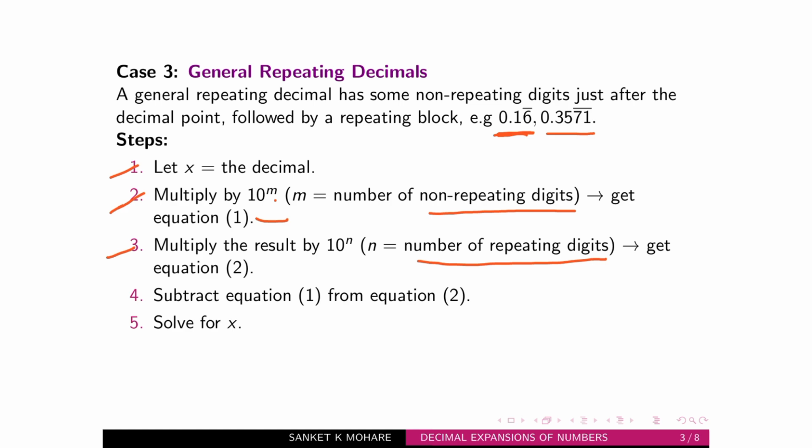And in step 3, to obtain equation 2, again we have to multiply by 10 because only one repeating digit. Step 4, subtract equation 1 from equation 2. As in earlier cases, we subtract equation 1 from equation 2, which gives, in step 5, an equation for x. After solving, we will get the value of x.